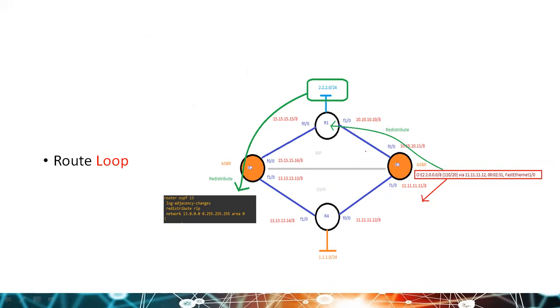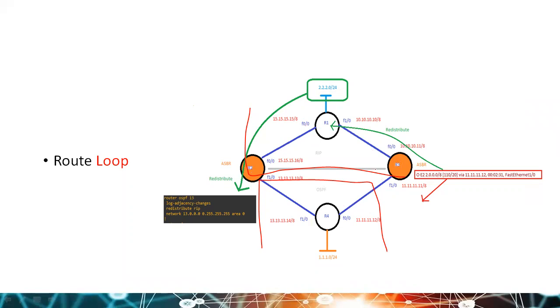R2 and R3 on the north side join the RIP family, and on the south side they join the OSPF family. Everything is working fine. We have only redistributed the 2.2.2 network into OSPF. The command is here, and I've shown the routing outputs of R2 and R3 in my previous slides.